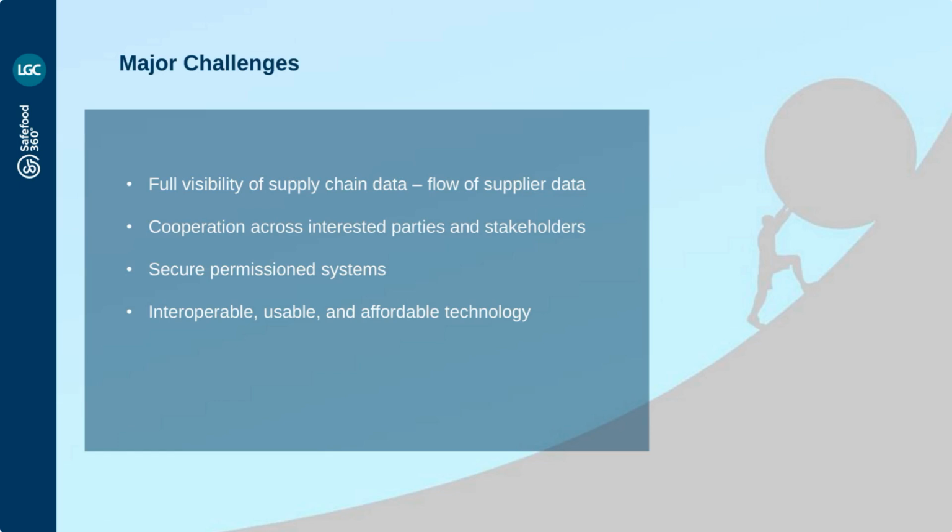Cooperation across interested parties and stakeholders. Again, this goes back to the thought that not everybody is doing the same thing. Maybe everybody in your organization is not following the same procedures. They may have their own way of doing things. And then perhaps we don't have secured permission systems, where the product or material documents and data are locked down for us and not open to prying eyes.